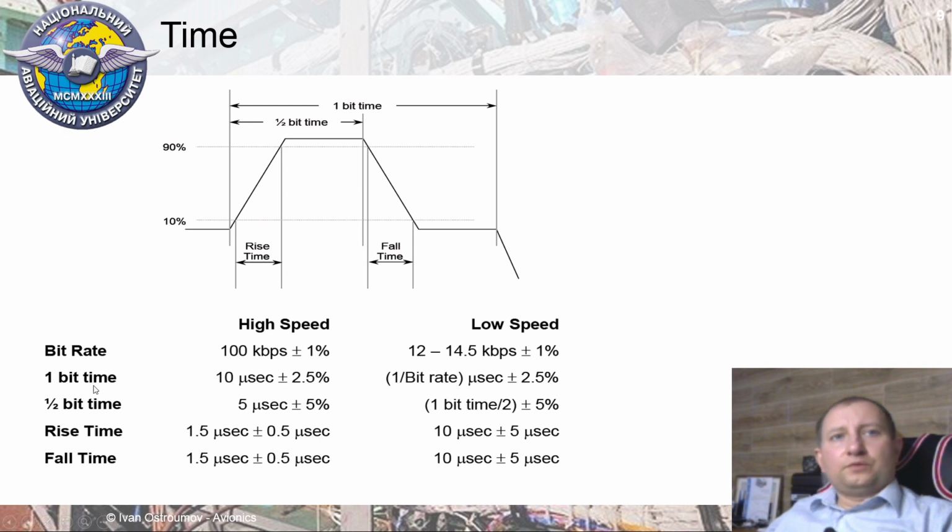For the case of low speed data exchange, from 12 to 15.5 kilobits per second, we use 1 opposite to 1 bit rate, time in microseconds.